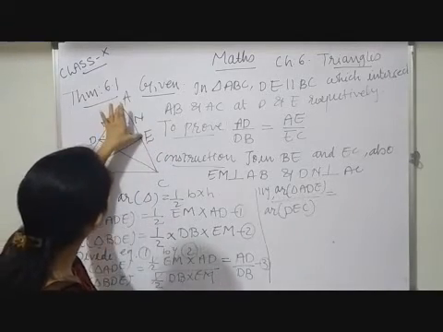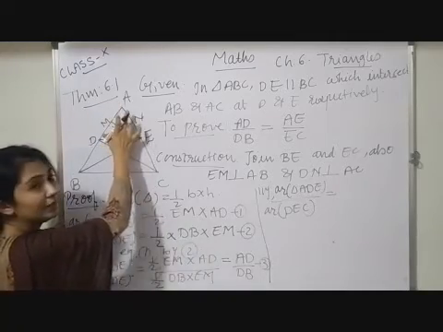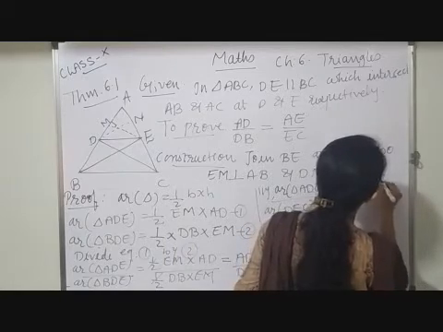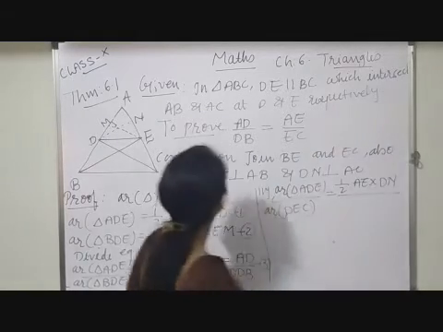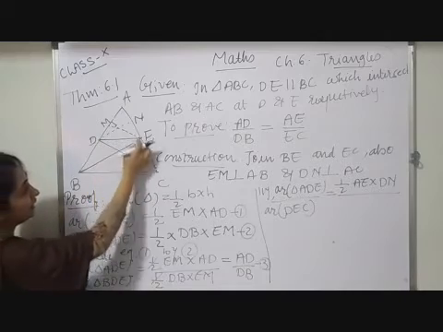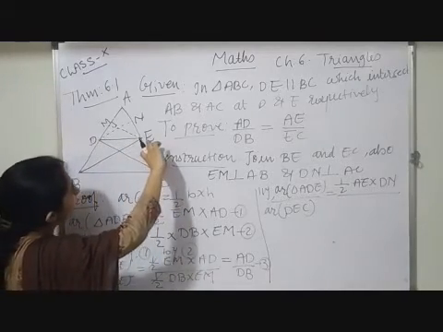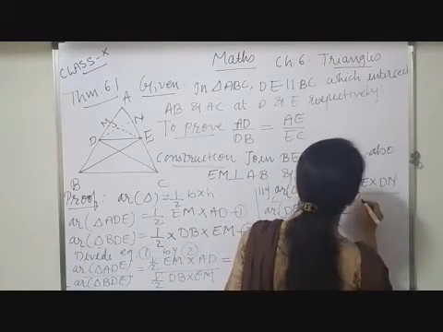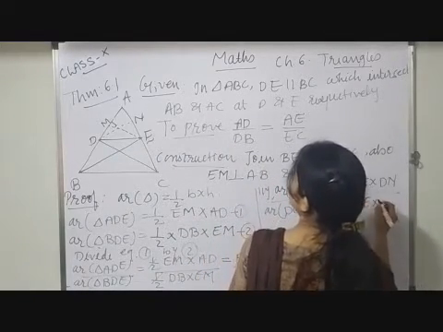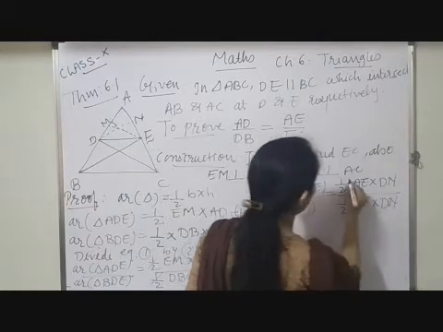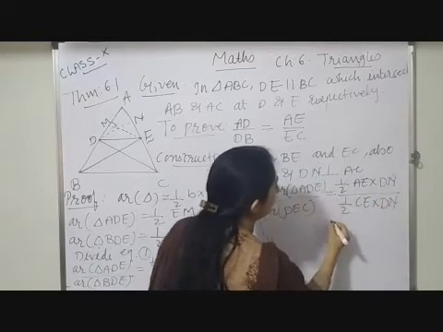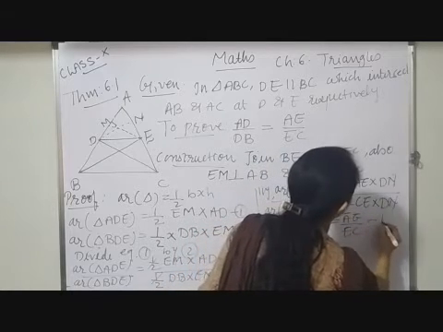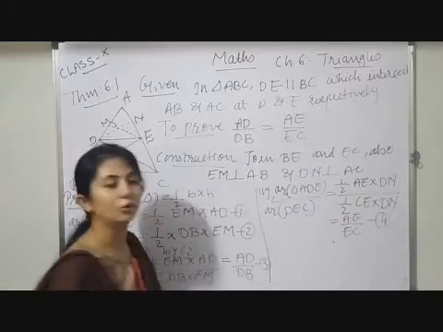Here the base is AE and its height will be DN. So half AE into DN, whole divided by the area of this triangle DEC. I am getting base CE and height DN. So here I will write half CE into DN. Half cancels, DN will cut. So here you will get AE upon EC. Let this be equation number 4.